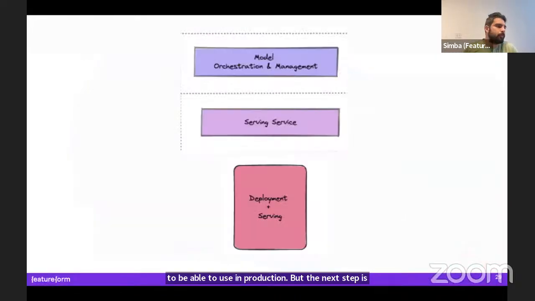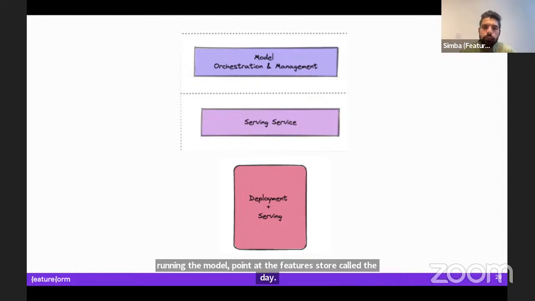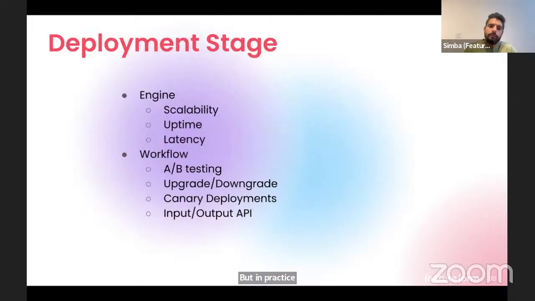But the next step is actually getting the models into production. Now, this can be done quite simply, right? You could just Dockerize a model, just throw up a few containers running the model, point at the feature store, call it a day. But in practice, you're going to want to get much more sophisticated than that. There are two problems here. One is the engine problem, which is actually how do I containerize a model?